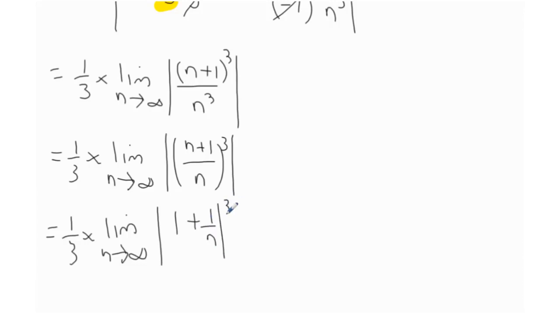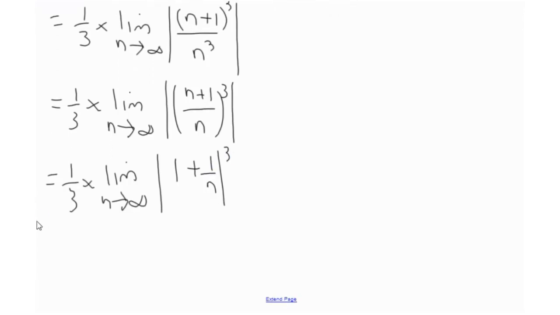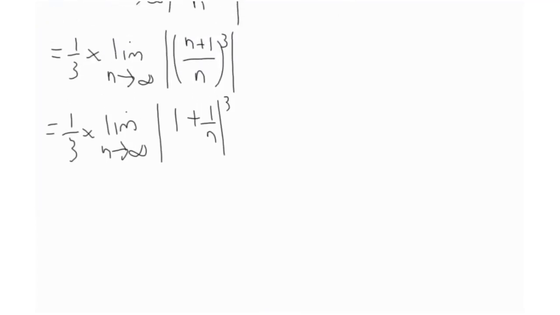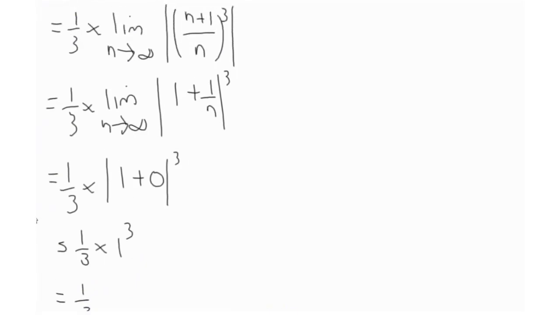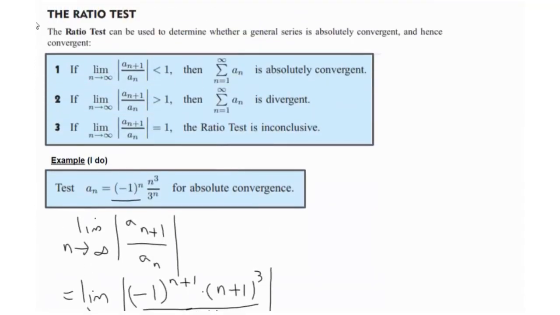As n approaches infinity, 1 over n approaches 0. So the bit in the absolute value is just going to be 1 plus 0. It's now 1/3 times the absolute value of (1 + 0) cubed, so it's just 1/3 times 1 cubed, which equals 1/3.